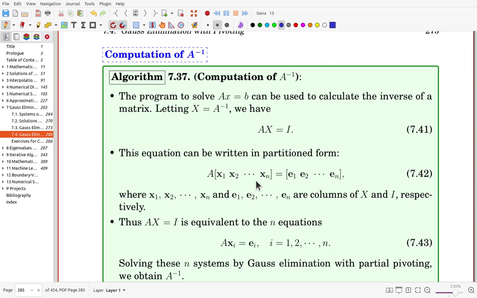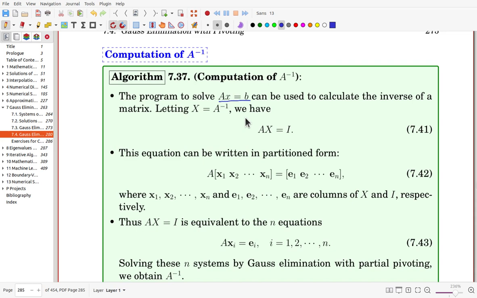Okay, finally, we'll consider computation of A inverse. Now, the program to solve Ax equals b can be used to calculate the inverse of a matrix. The inverse of a matrix is not really frequently used when you try to solve an algebraic system, but sometimes you need to get the inverse of a matrix.